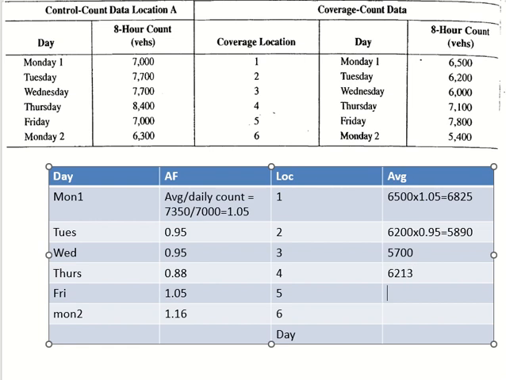6213. 8190. Number 6? 6264. Okay. Clear? Any question?